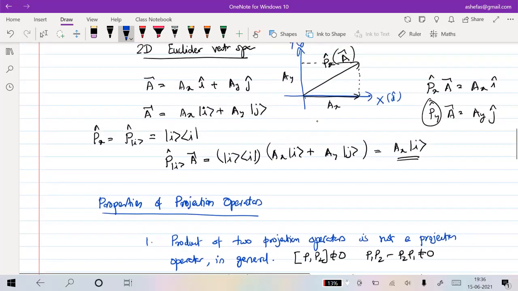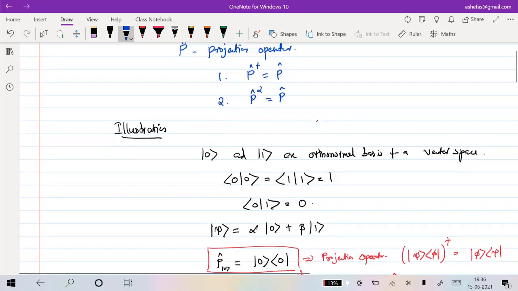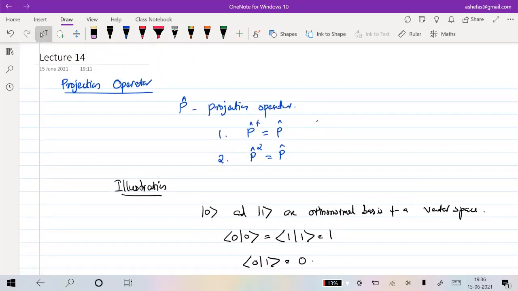So we can just revise what we have discussed today. An operator is said to be a projection operator if it satisfies two conditions. One is that it is Hermitian, and second is that the square of the projection operator must be equal to the operator itself. Now remember, an operator is a mathematical quantity which transforms one vector into another vector.